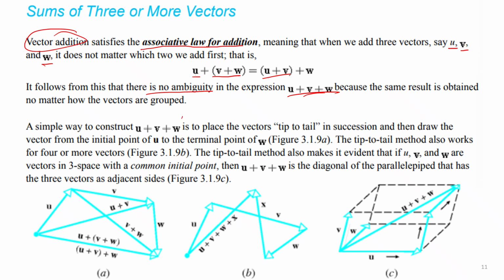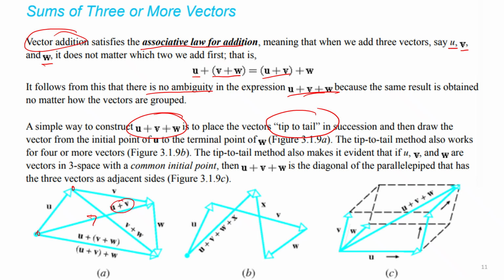A simple way to construct these vectors is called tip to tail in succession when we draw the vectors. Let's say from point U, you want to go to u plus v. So you put the tail of v at the tip of u, and you will have a new vector, this one, u plus v.